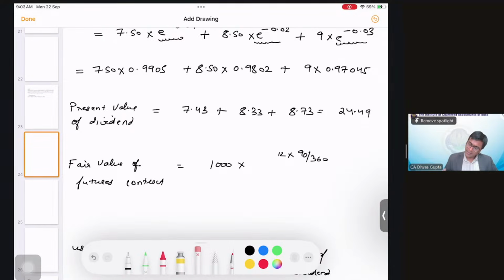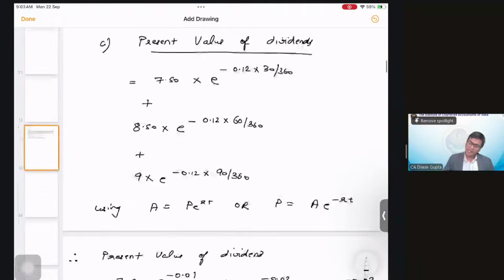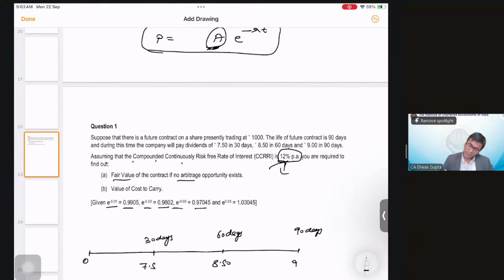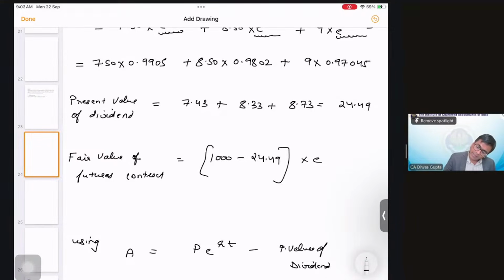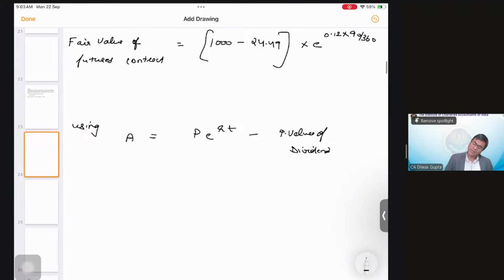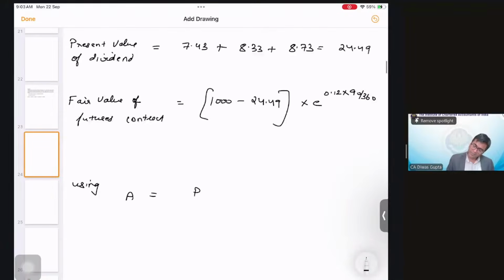So 1000 minus 24.49. This is the present value of dividend, right? Now let me just see in the question. Okay, yes. So this minus this and then multiplied by e raised to the power 0.12 into 90 divided by 360 days. E raised to the power RT.